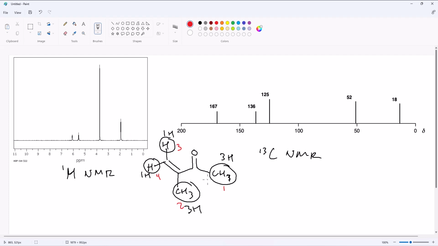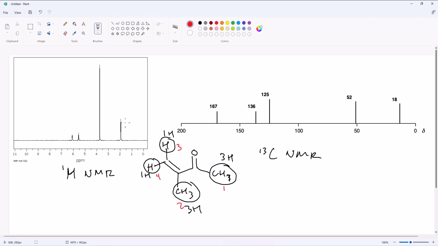We have protons that are alpha to a carbonyl group. We have protons that are alpha to an sp2 hybridized carbon, and we have two protons that are directly on an sp2 hybridized carbon. So what we would expect is probably this proton here, number 2, is going to be the most shielded. It's attached to an sp2, but that's about it. So this is going to be the most shielded.